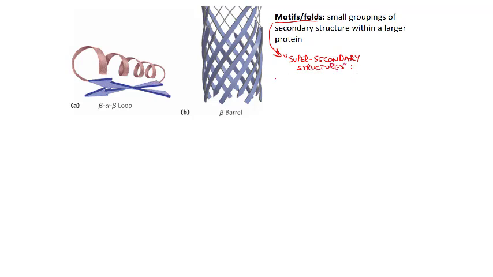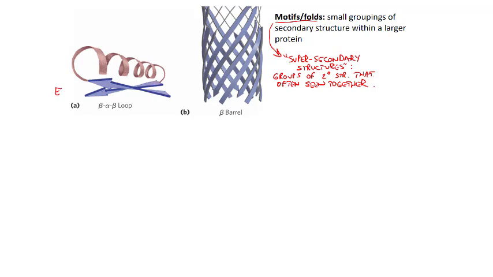And what these are is small little groups of secondary structures that are oftentimes seen together. The difference between a motif and a fold is subtle. Usually motifs are smaller and folds are bigger, and we're not going to get into the fine points of how you tell a motif or a fold. For the purposes of this class, you can think of them as the same thing.